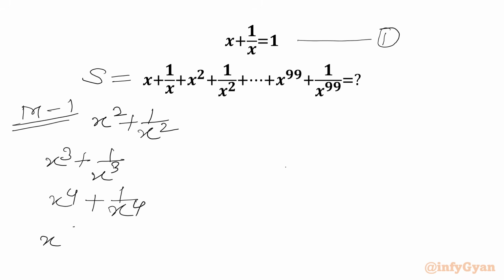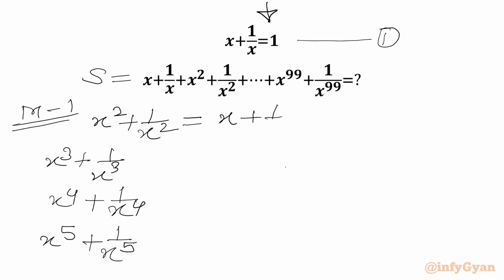Then we'll find x power 5 plus 1 over x power 5. We want to check after how many values of expressions we are going to get repetition of the value or repetition of the equation.